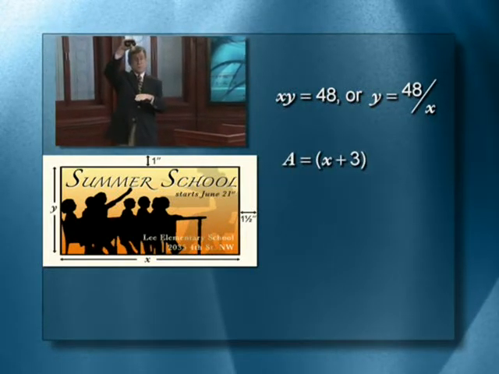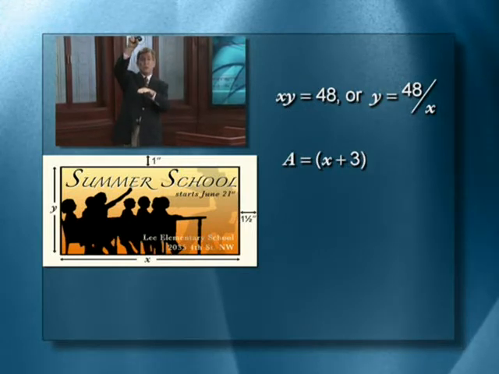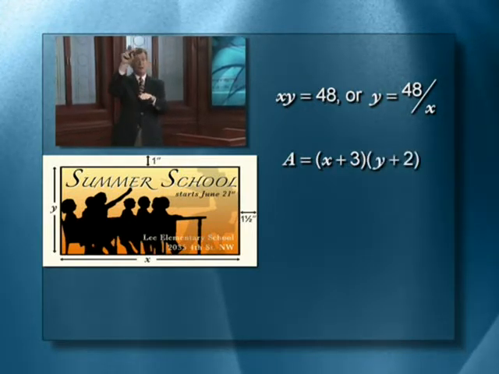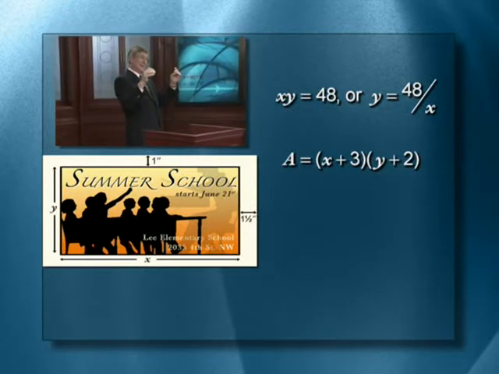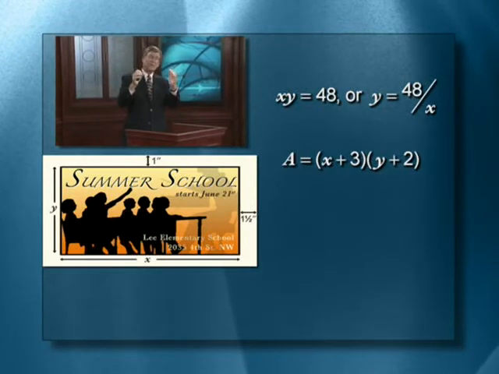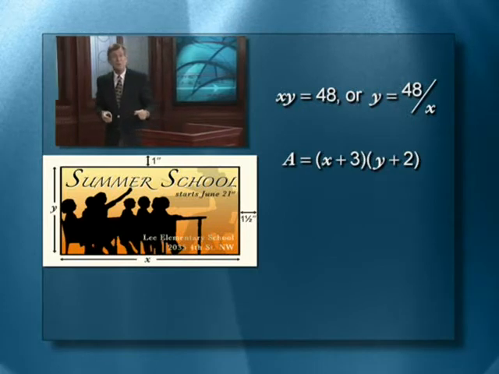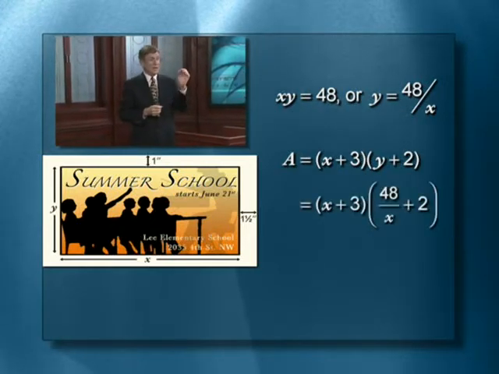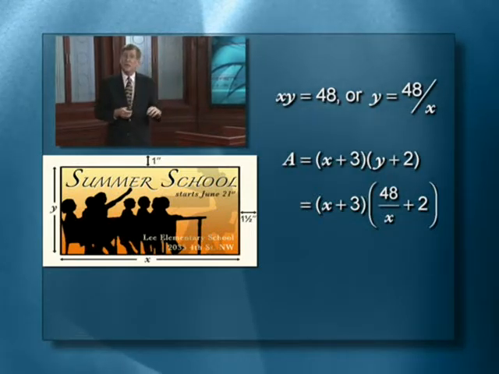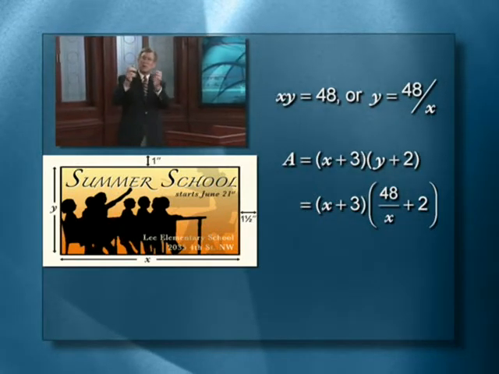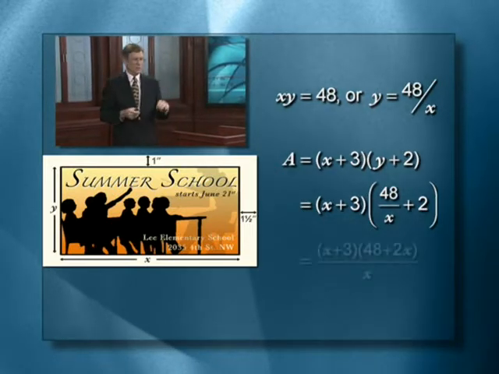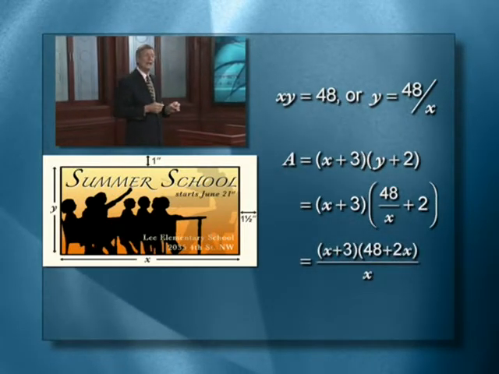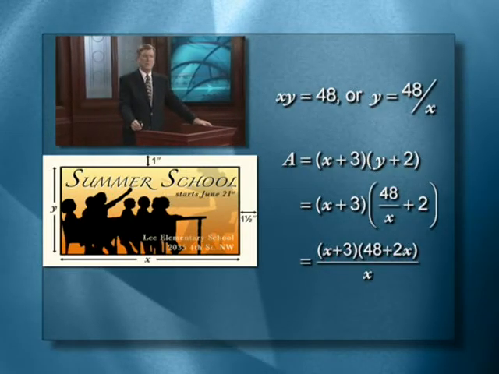And how about this way? It's y plus the margin of 1 and the margin of 1, so it's y plus 2. So we want to minimize the quantity x plus 3 times y plus 2. But we know what y is. We can replace y with 48 over x. So we have a new function, the area equals x plus 3 times the quantity, 48 over x plus 2. And we can do a quick simplification, get a common denominator, and it's x plus 3 times 48 plus 2x, all divided by x.